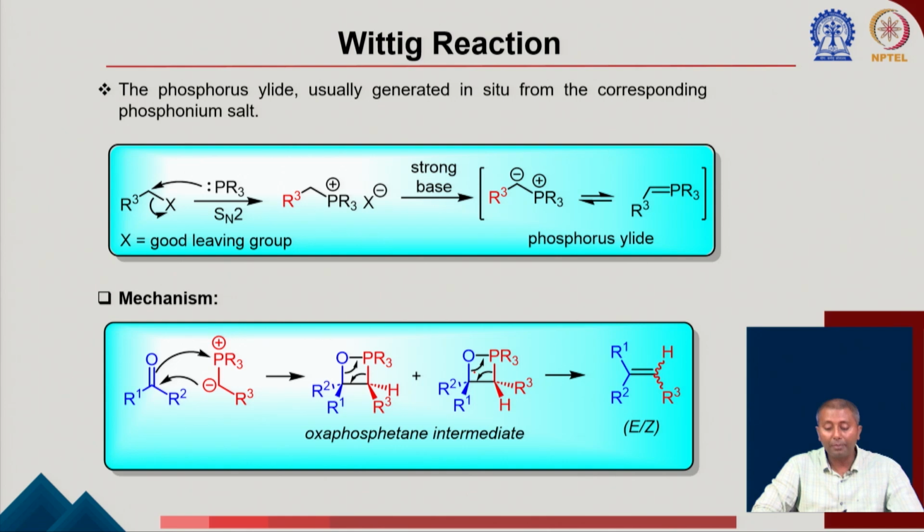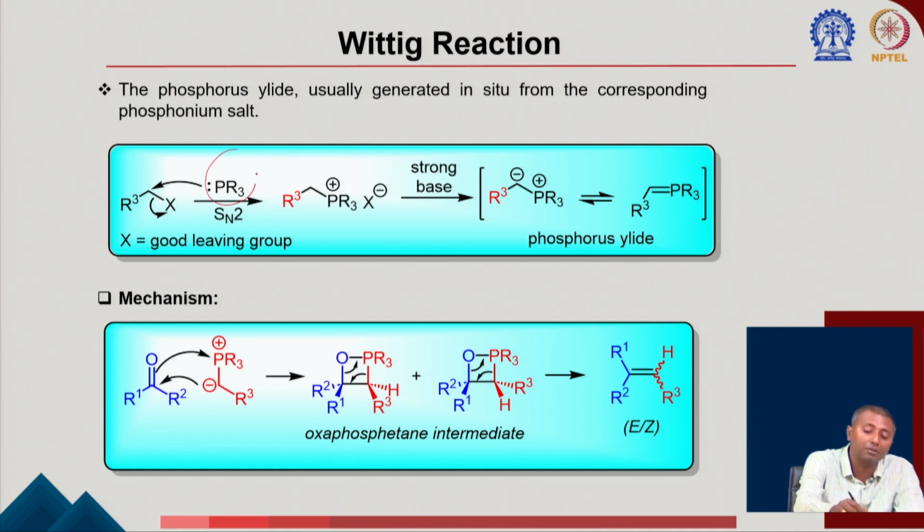As I was mentioning, how do you synthesize this type of ylide? The first step is an SN2 reaction: trialkyl phosphines, which are electron rich and very good nucleophiles, participate in this SN2 reaction to form the phosphonium.